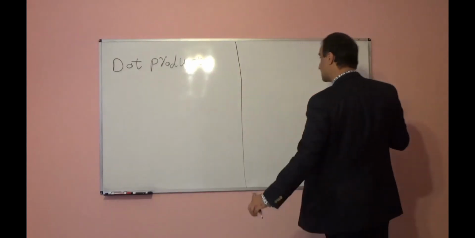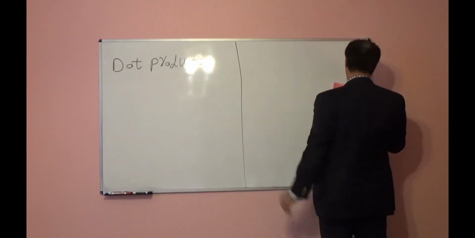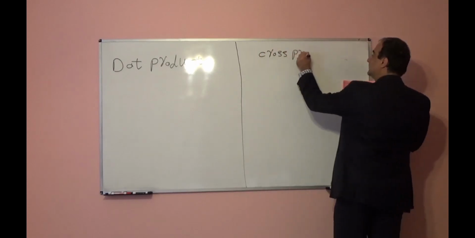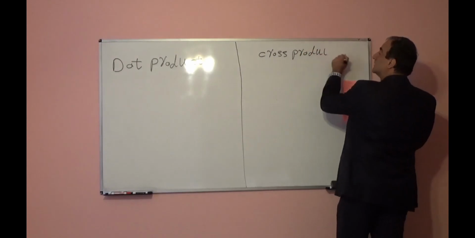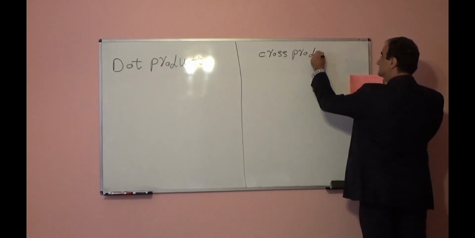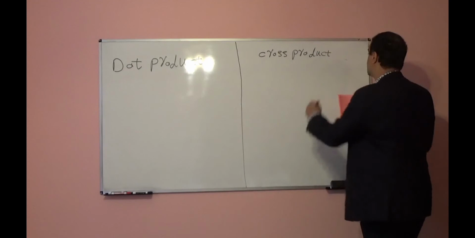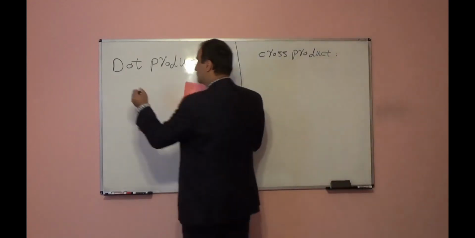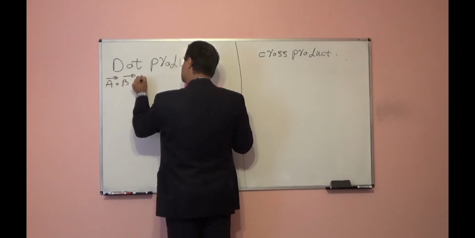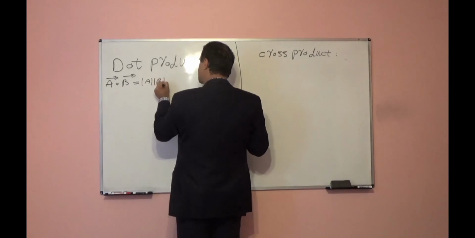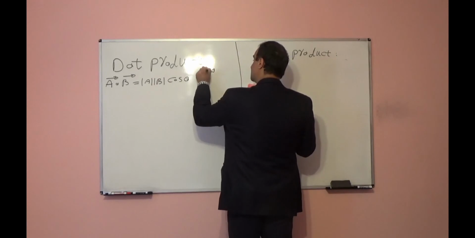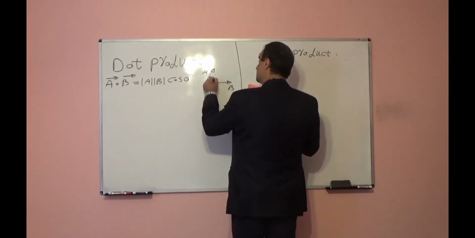One part is the dot product, which I talked about already, but again I will write it. On this side I will write the cross product so you can compare. For the dot product, we defined vector A dot vector B as the magnitude of A times the magnitude of B times the cosine of the angle between the two vectors A and B.